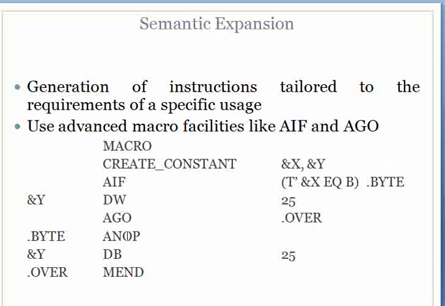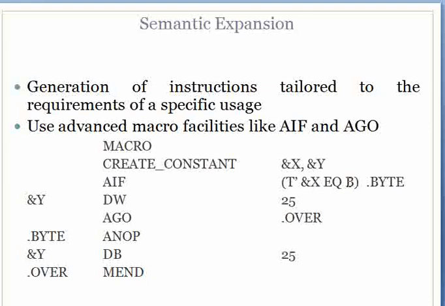There is no operation, which is also an advanced macro facility. Then it goes to the next line and declares this parameter to be a byte, 25.